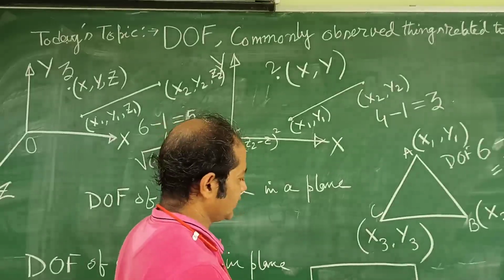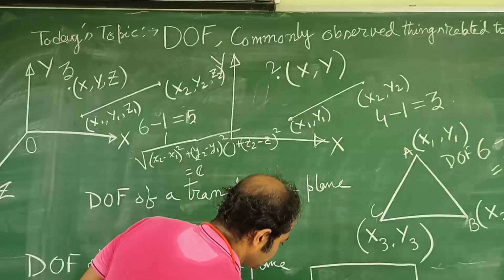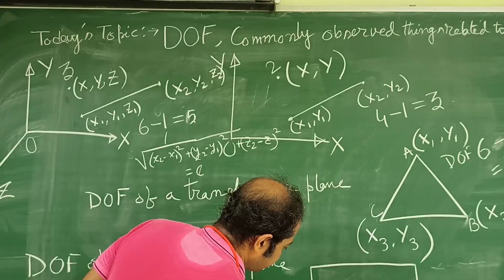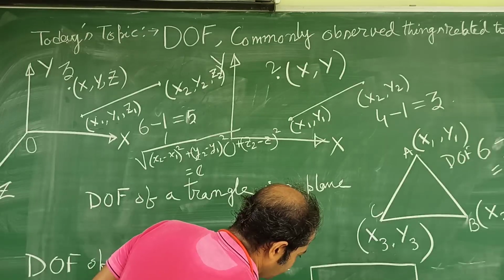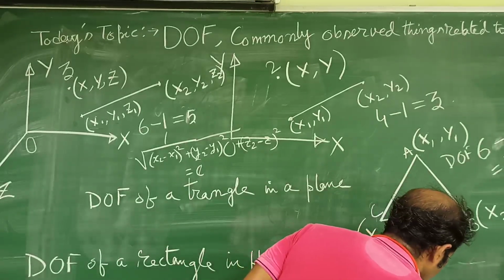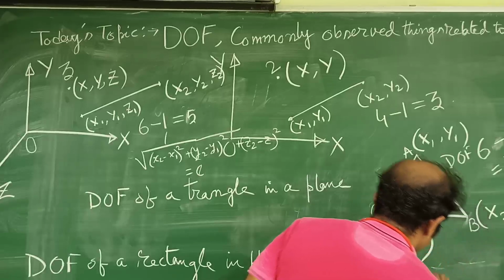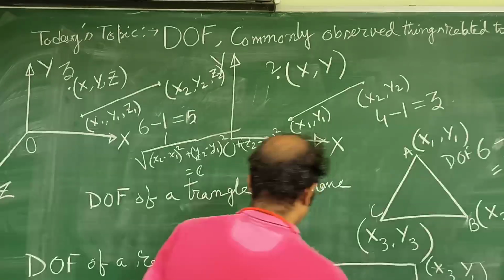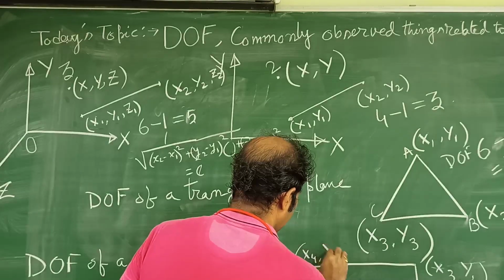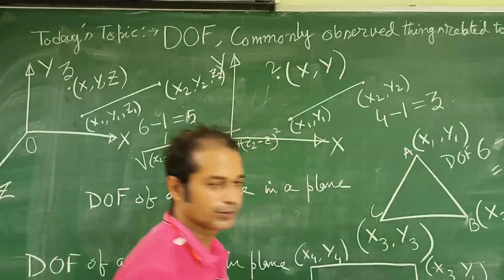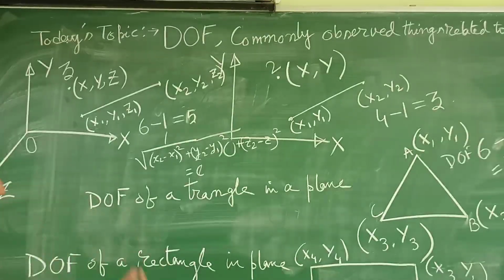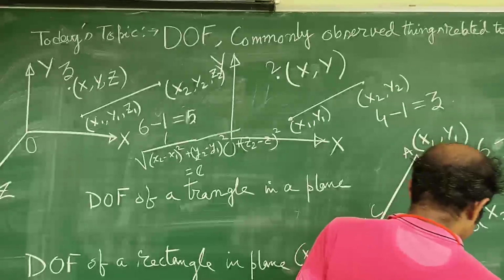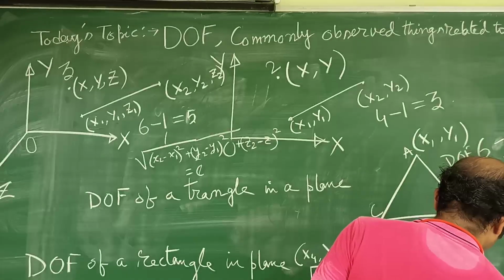Similarly, let's think about a rectangle. You mark the points as capital X1, Y1, X2, Y2, X3, Y3, X4 and Y4. So how many degrees of freedom does this rectangle have?